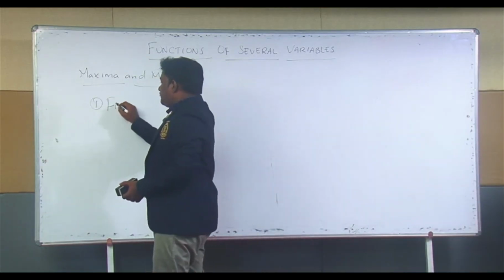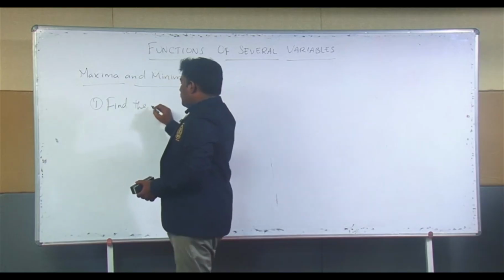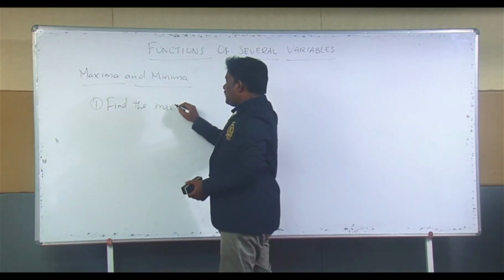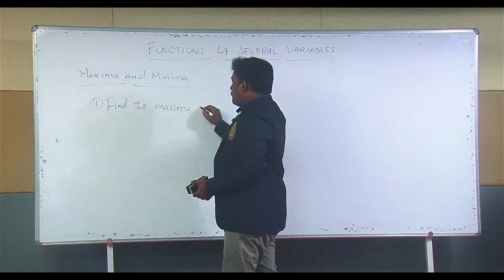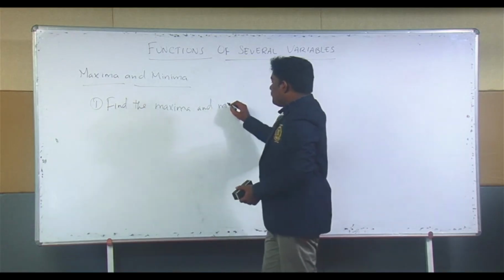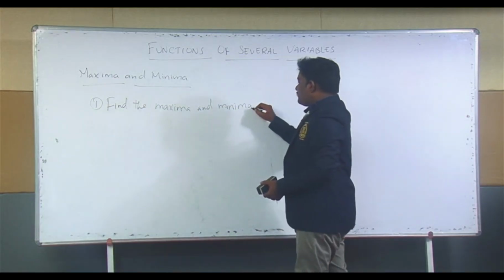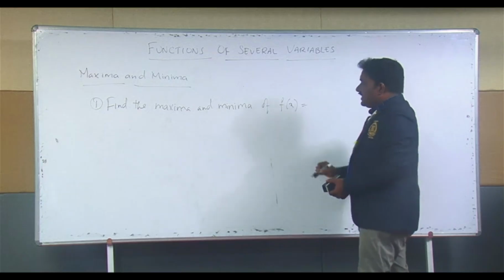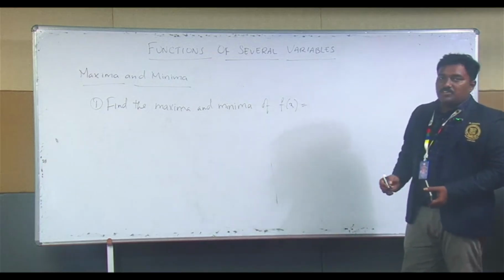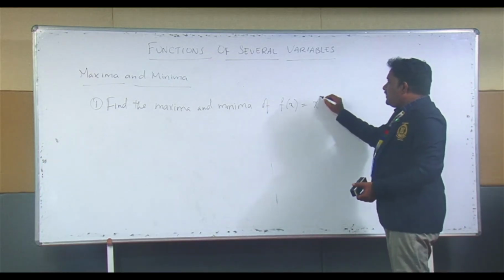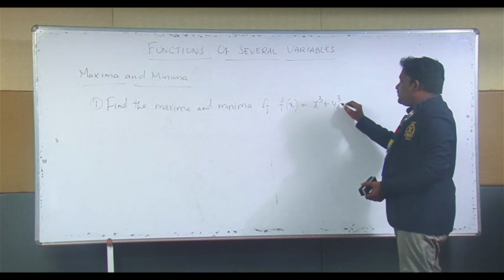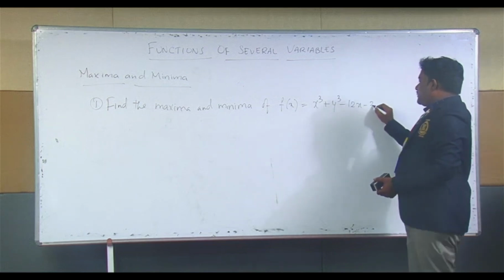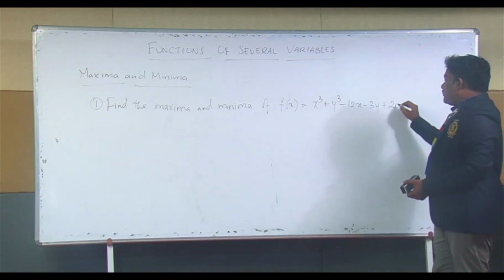So find the maxima and minima of f of x equal to x power 3 plus y power 3 minus 12x minus 3y plus 20.